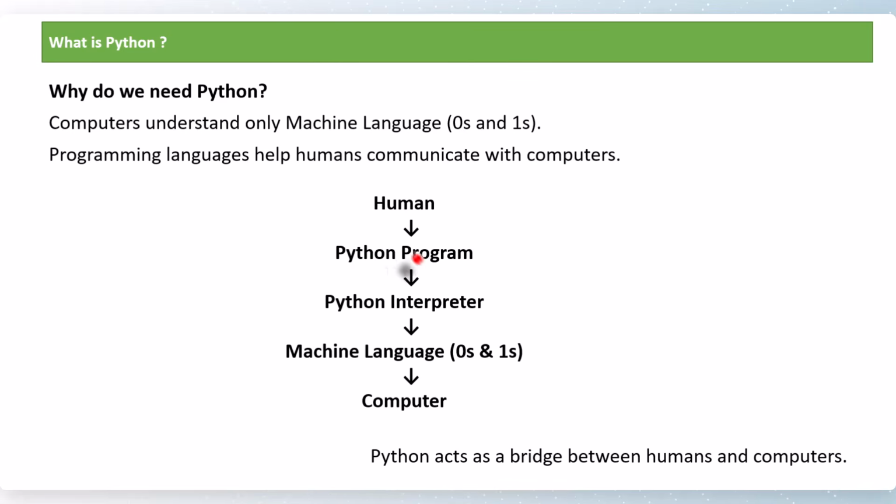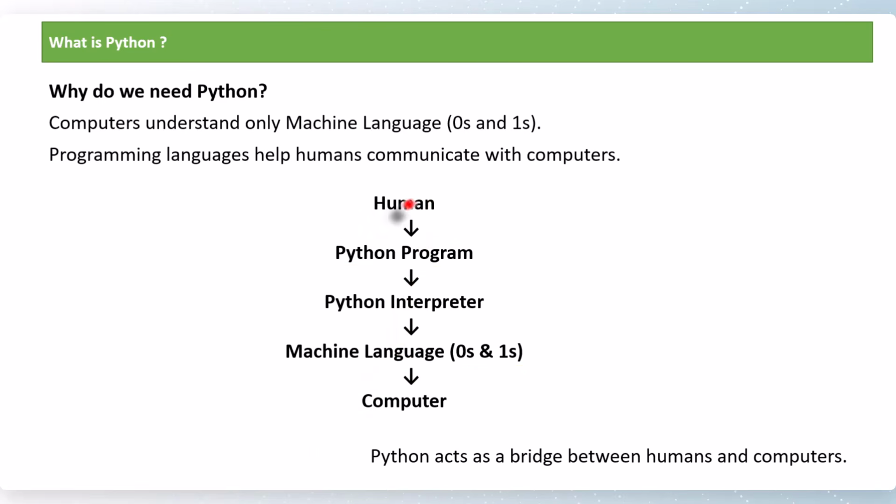Then there is an interpreter, Python interpreter, which is going to take this Python program, which is written in high level language like English, and convert that to the machine language, which is in zeros and ones, which is understandable by the computer.